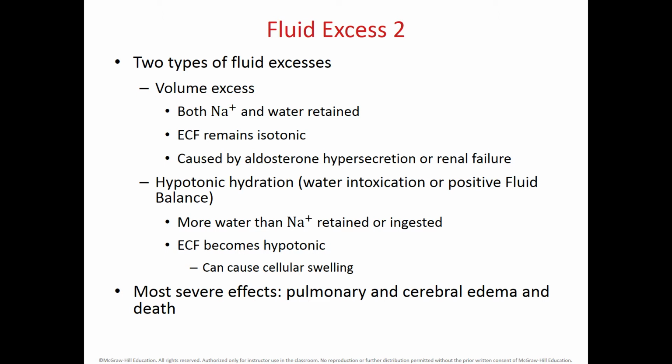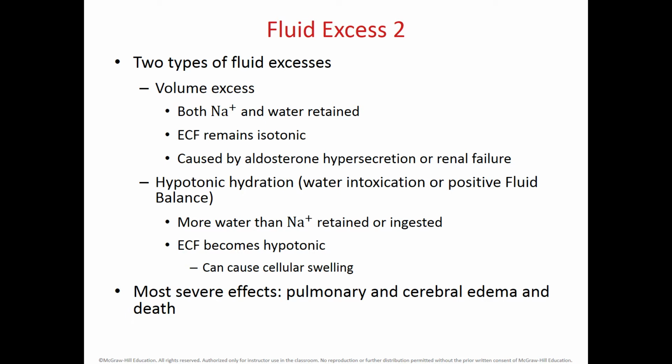Now, we have two types of fluid excesses. We have volume excess, in which both sodium and water are retained. So in this case, we will have what we call isotonic water retention, in which the osmolarity of the ECF is intact, so you don't have hyperosmolarity or hypoosmolarity.